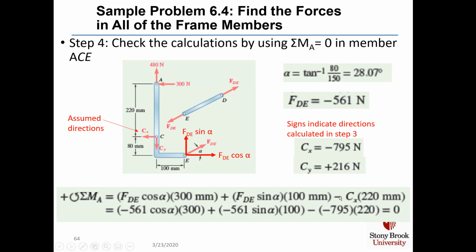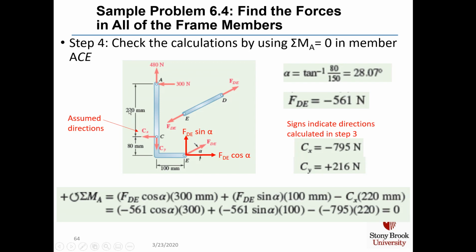We get a minus sign in CX because of its current direction wanting to rotate clockwise around point A. But by the time you pump in a minus 795 newtons for CX, the effective rotational direction of the force is going to get switched to counterclockwise.